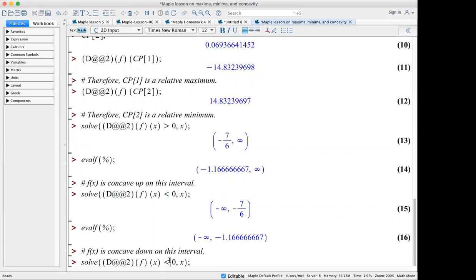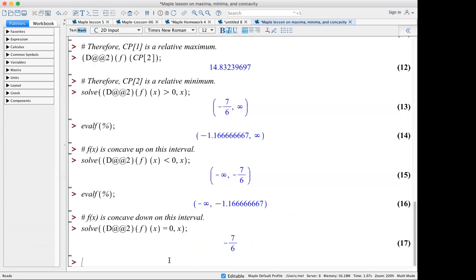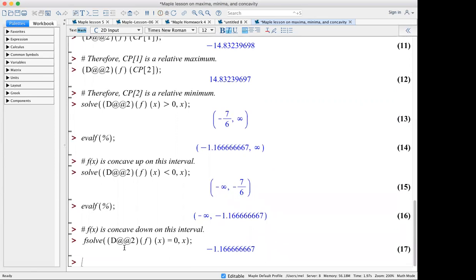When is the second derivative equal to 0? At this point. So this is the inflection point of the function.